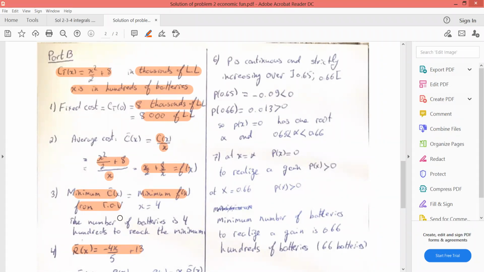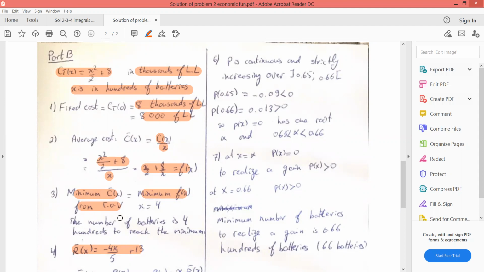If you are given the average revenue, how do you calculate the revenue? If I had the selling price, I would put revenue equal to the price per unit times x.